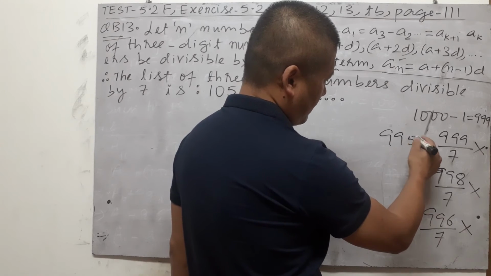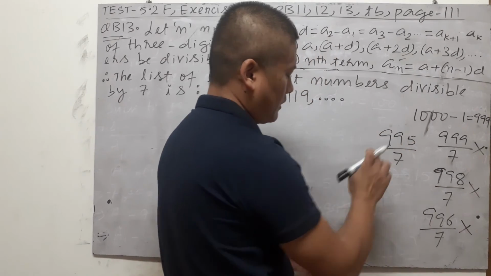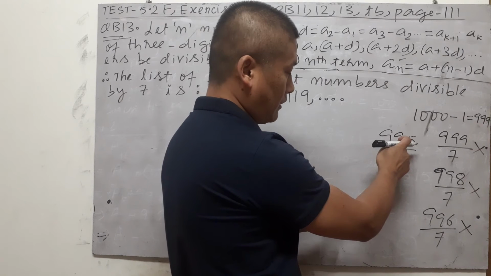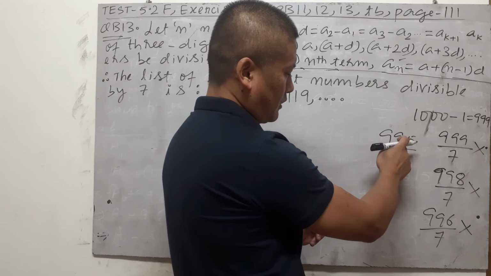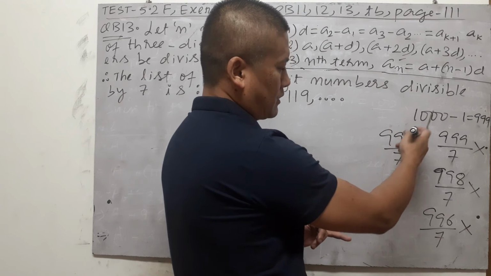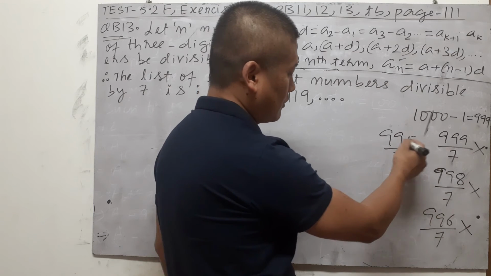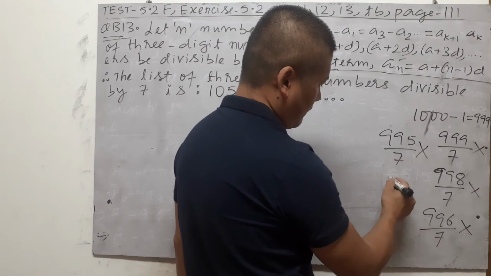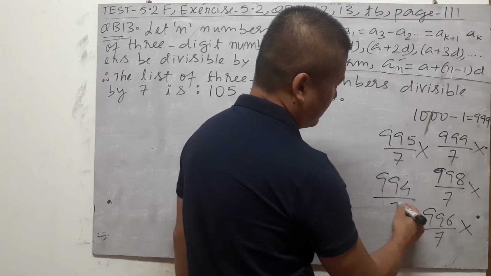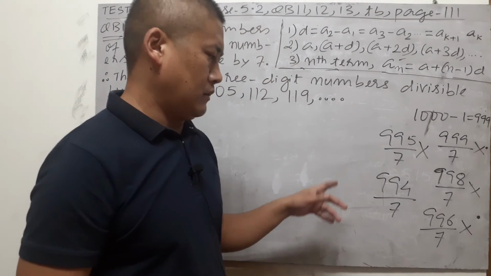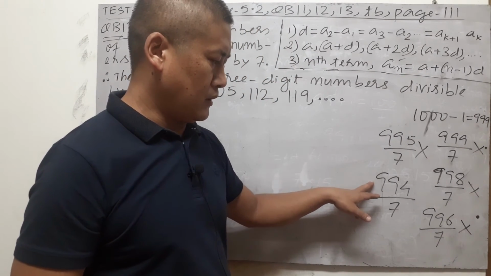995 divided by 7. 7 ones are 7. 8, 9, 2 in hand, 28, 29. 7 fours are 28, 29, 1 in hand, 15. Again, 7 twos are 14. 15 doesn't go. So this also doesn't divide. Then 994 by 7 is the first. The last 3-digit number divisible, or the biggest 3-digit number divisible by 7, I think.